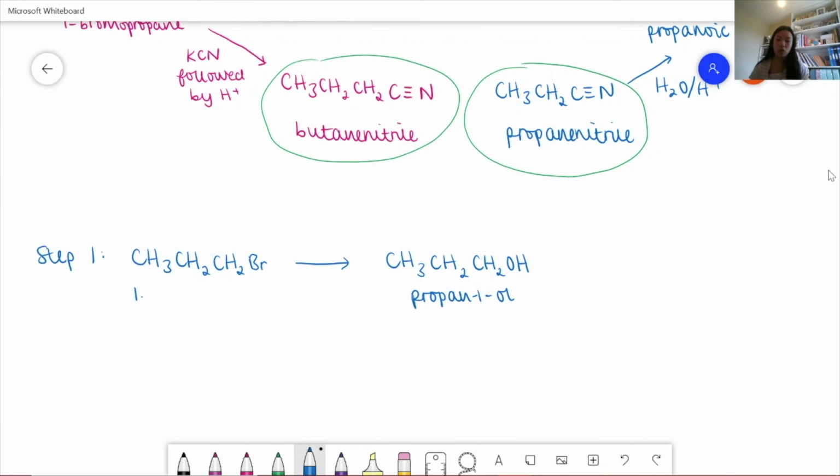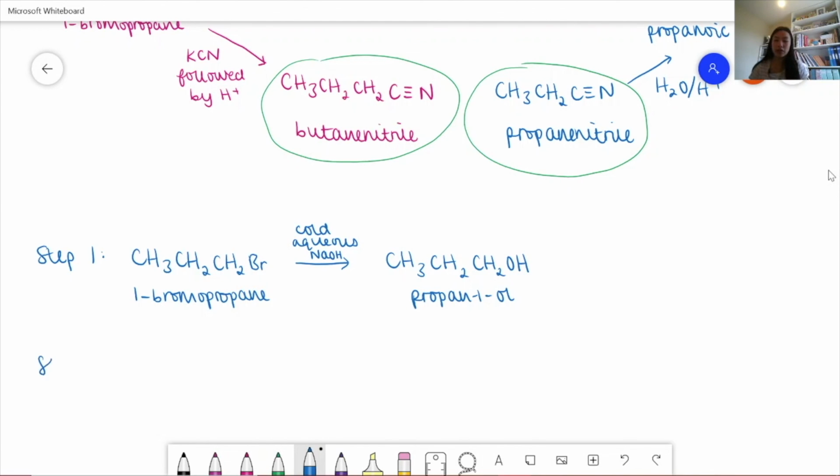And what we've done there is we've added cold aqueous sodium hydroxide. So we always write down the reagent and not the nucleophile. So we don't write OH minus, we write NaOH, which is the reagent.